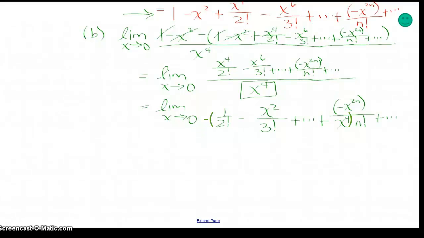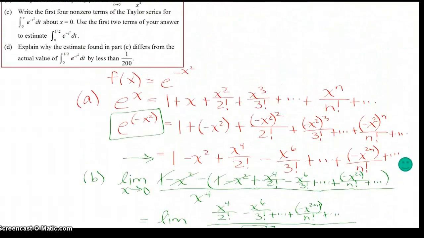There's nothing wrong with me writing that. And now I'm going to evaluate the limit. Everywhere there's an x, I'm going to put a 0. And notice what happens for every term beyond the first one. So I can evaluate this limit. This limit is 1/2. All right, so not as difficult as it might first appear.